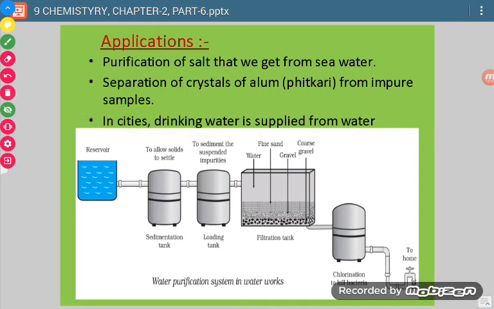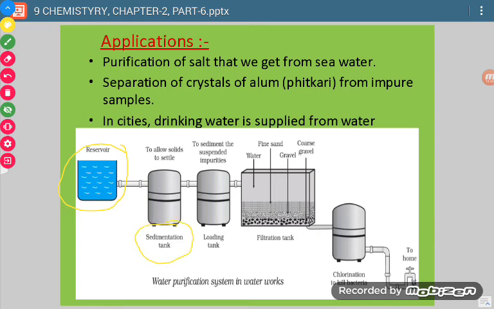This is a flow chart which shows how in our homes we get pure water from the source. A reservoir is that particular place where the whole of the water is present. From the reservoir, from the source of water, it goes first to the sedimentation tank.